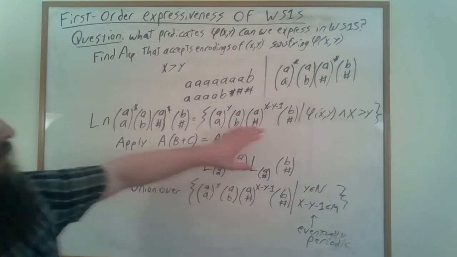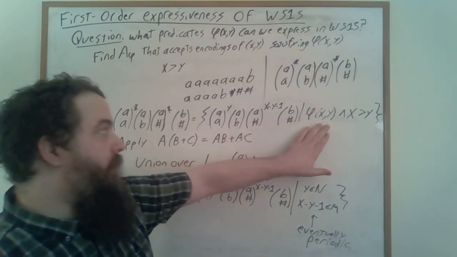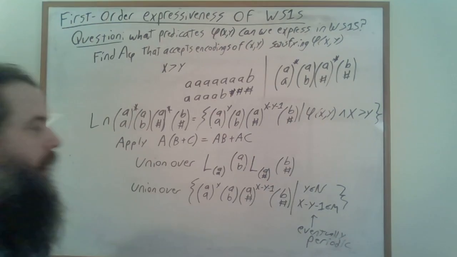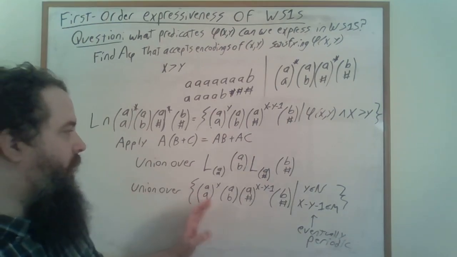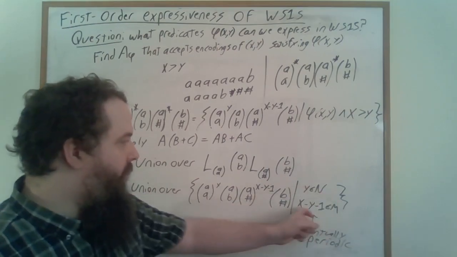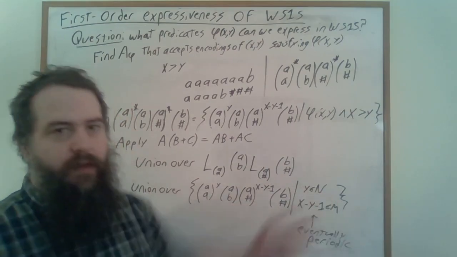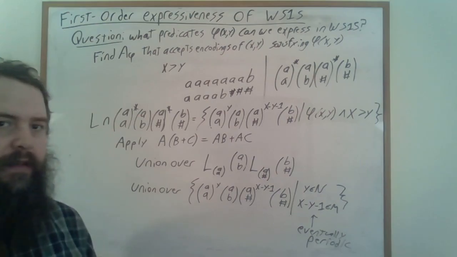In other words, the set of all xy, such that phi holds of xy and x is greater than y, has to be some union over sets where y falls into some eventually periodic set and x minus y minus 1 falls into another eventually periodic set.